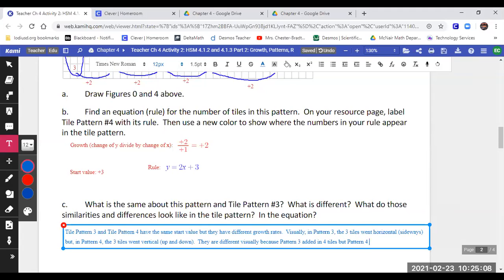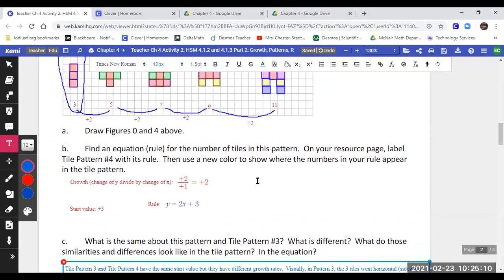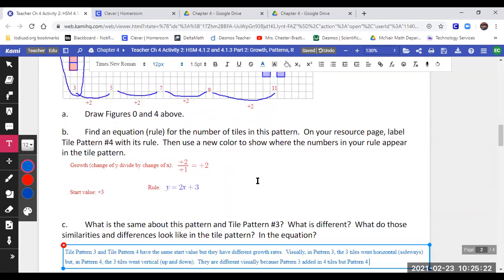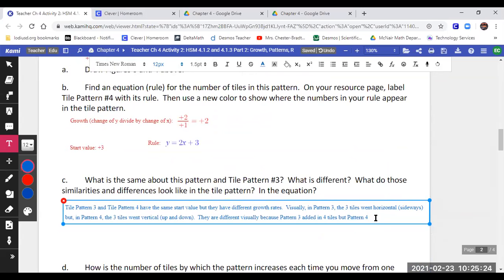Because you already said it was different. What did pattern 4 do? Visually. Added in 2 tiles. Thank you. Okay. That's what they're talking about when it says visual.